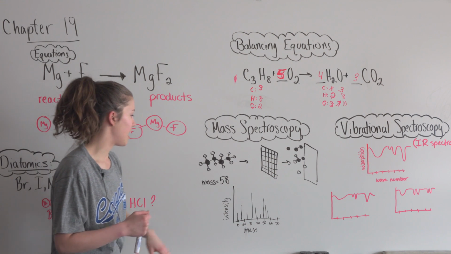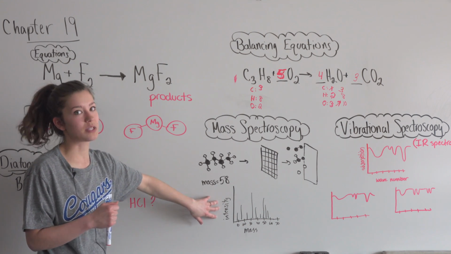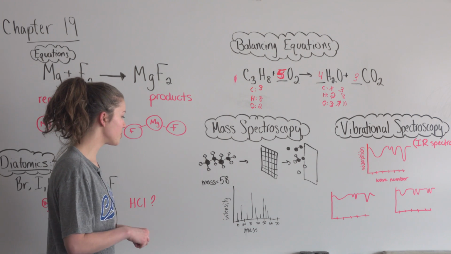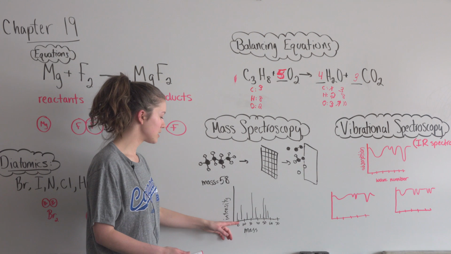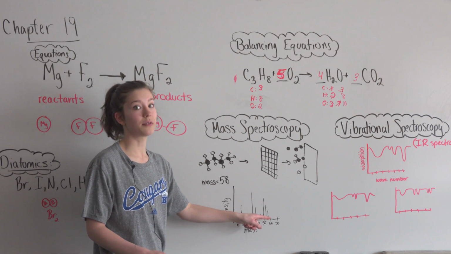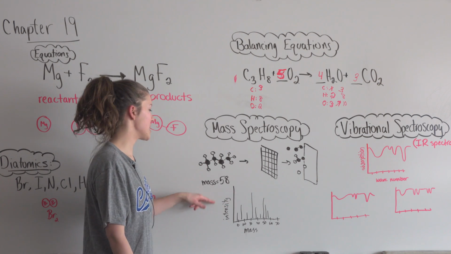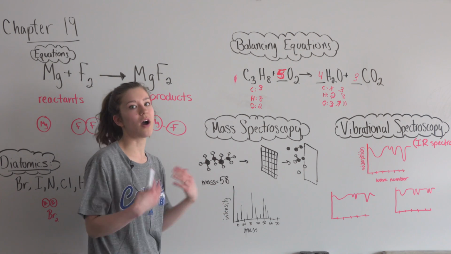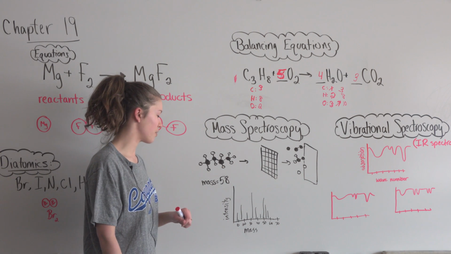So right here, that's representing, okay, here's some pieces, and here's a film to detect that. And then they get this graph, and this graph is what you need to know about mass spectrometry. So you need to see that this molecule creates particles of these masses. And depending on how high the line is, that tells you how often that particle exists when this molecule is broken up.